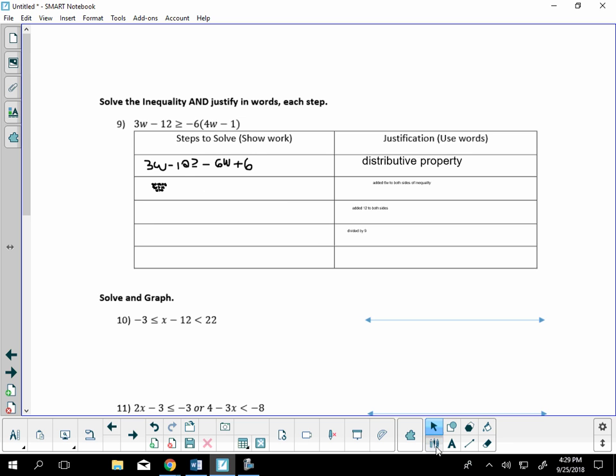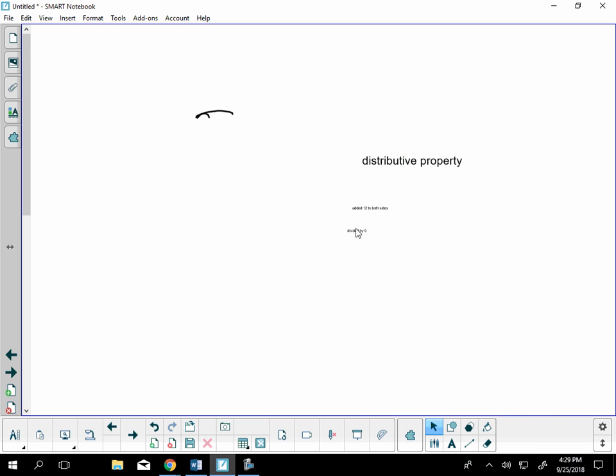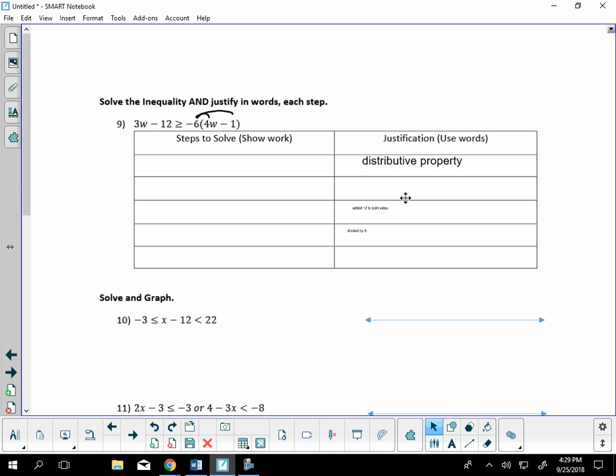But what I started with was just distributing that negative 6. And I already see a little bit of a bonehead mistake. So I'm just going to start over on this problem. And that's okay. That happens from time to time, where you notice a mistake and it's not that big of a deal as long as you correct it. Whoa. Let's try that again.